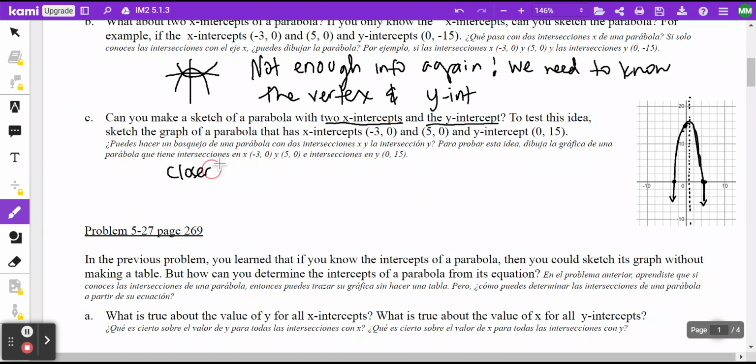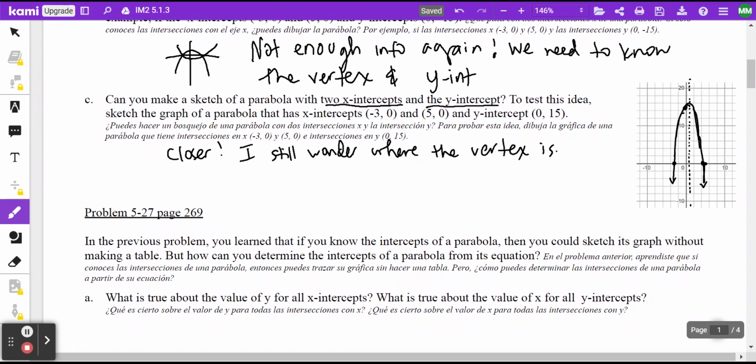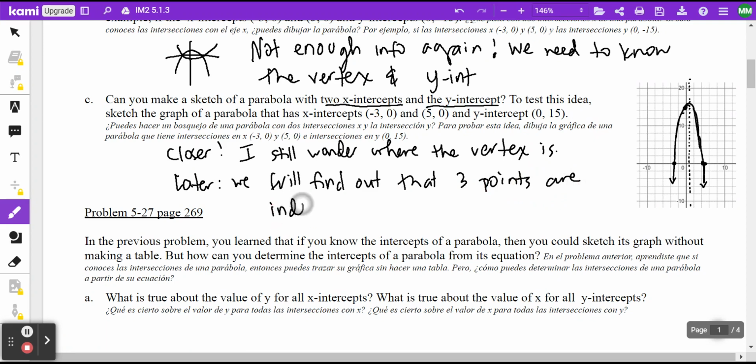Closer. I still wonder where the vertex is. And later we will find out that 3 points are indeed enough.